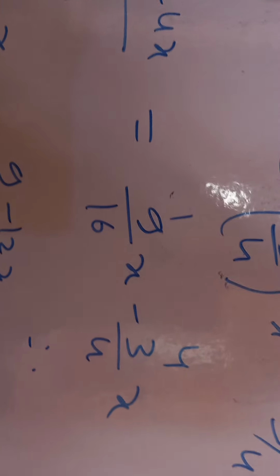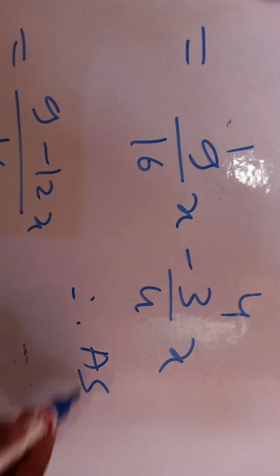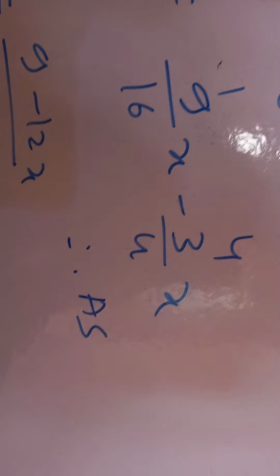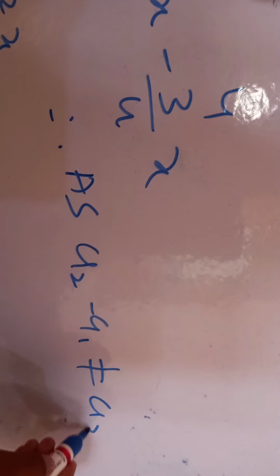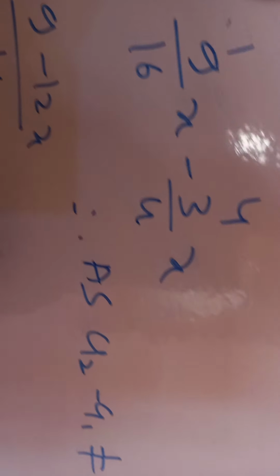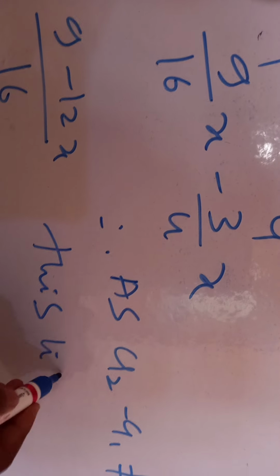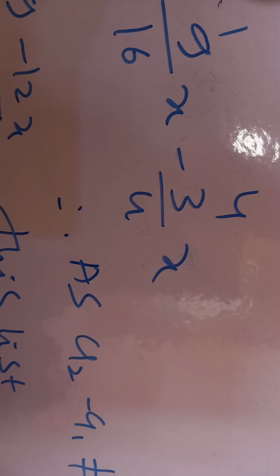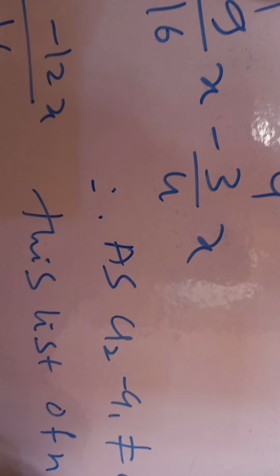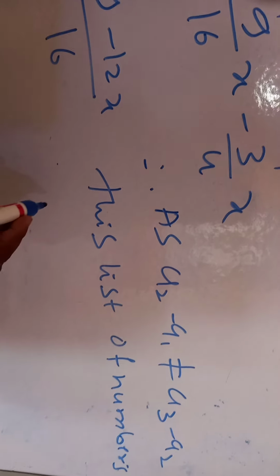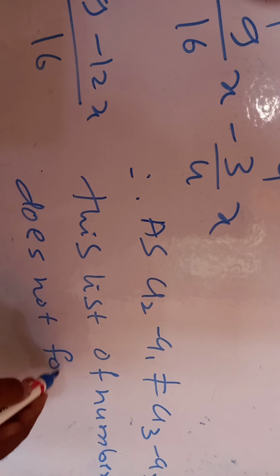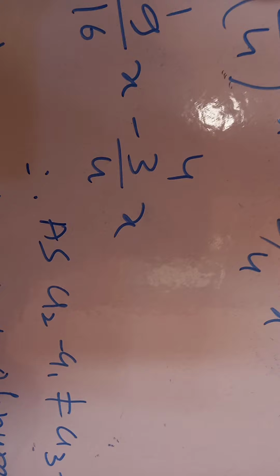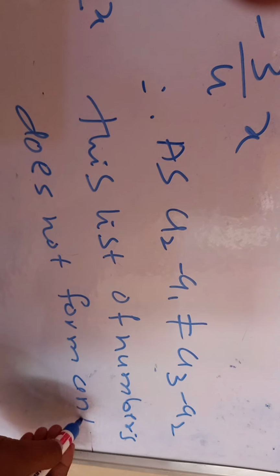Therefore, as a2 minus a1 is not equal to a3 minus a2, this list of numbers does not form an AP.